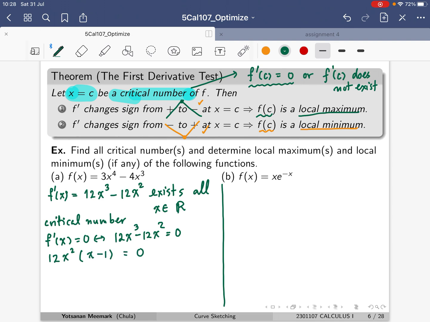A common factor will have 12 and x squared, right? Then you see that your x can be 0 and your x is 1. So you got two critical numbers.